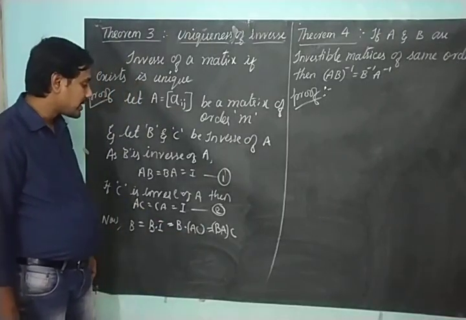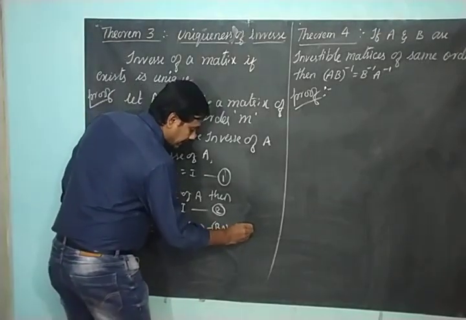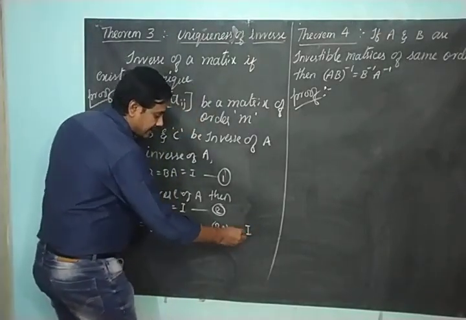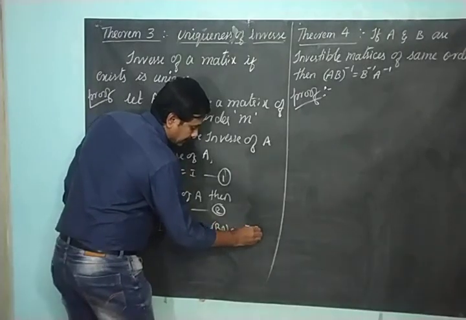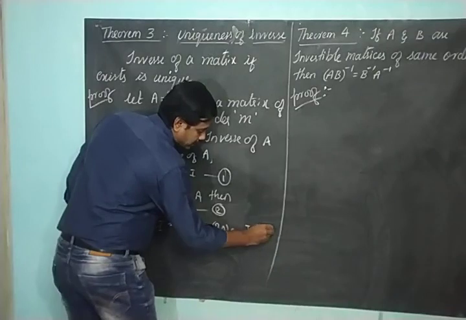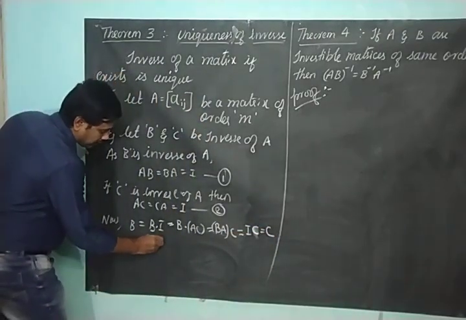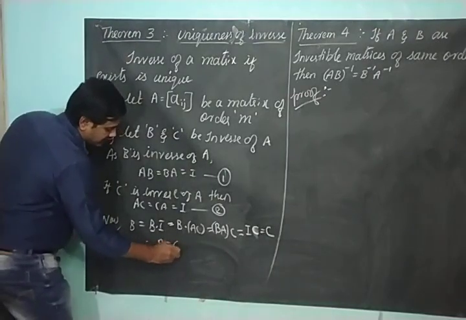What is B into A? I, and C as it is. So what is I into C? That is C. Therefore B is equal to C.